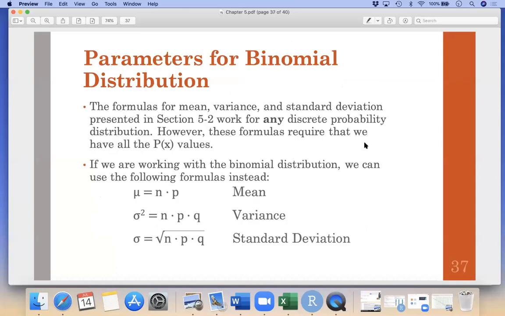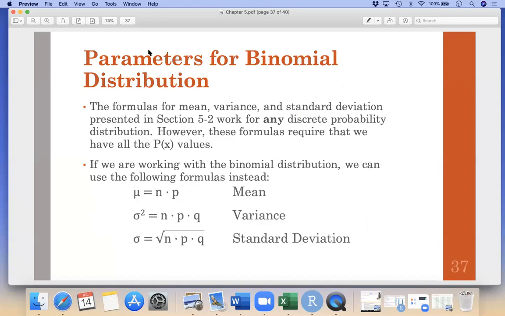Okay, now we have new part. This is the last part of this section 5.2, parameters for binomial distribution. In here I am going to show you how to find parameters in this distribution. It's very simple. Here can you see the mean of the binomial distribution is this, the formula mu.